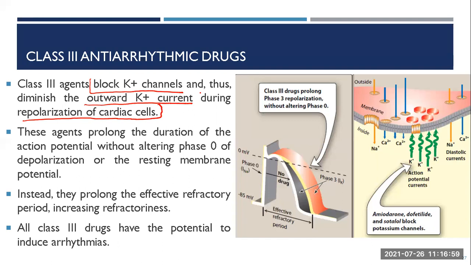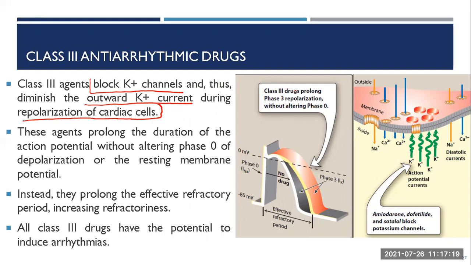But the class 3 agents, as they block the potassium channels, wherever the potassium channels are involved in the generation or the repolarization of the cardiac muscle fiber, there it is going to affect. Okay, so it can be seen in this particular diagram.